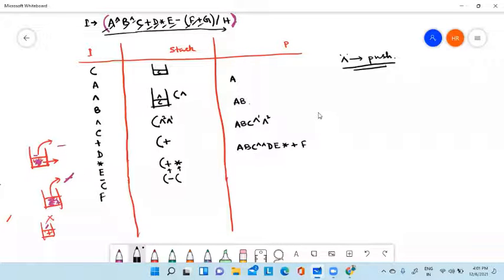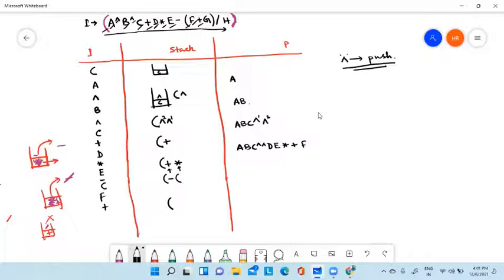Then plus. See, I will only check up to this parenthesis, not this minus, because one parenthesis means one particular room. Currently in this room there is nothing, so I will push it into this room.